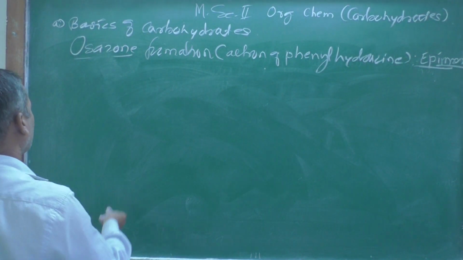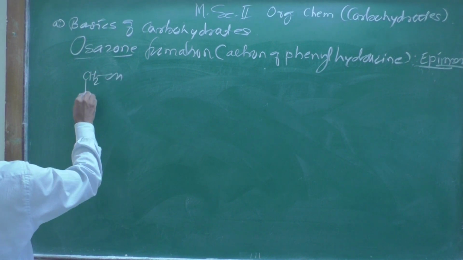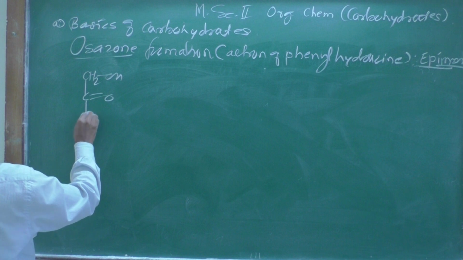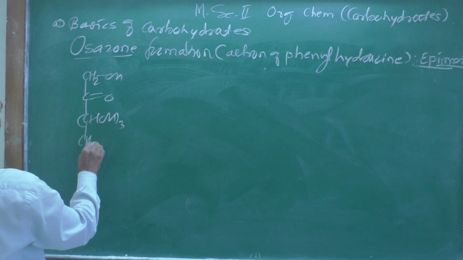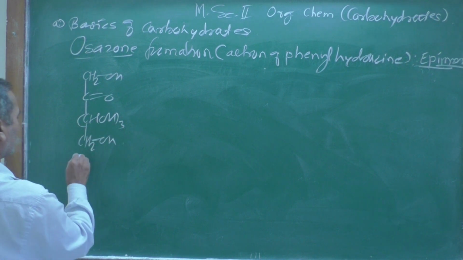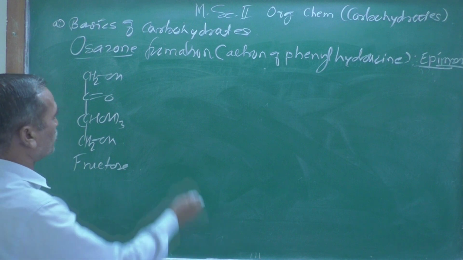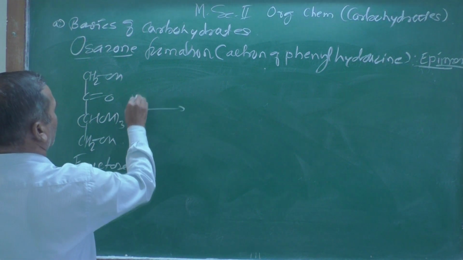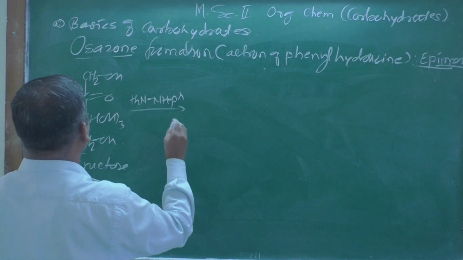Let us see the structure of fructose: CH2OH, then C double bond O, then CHOH three times, and then CH2OH. This is the structure of fructose, right? When it is treated with H2N-NH-Ph, what does it give?